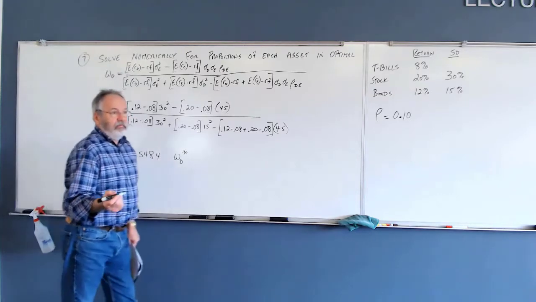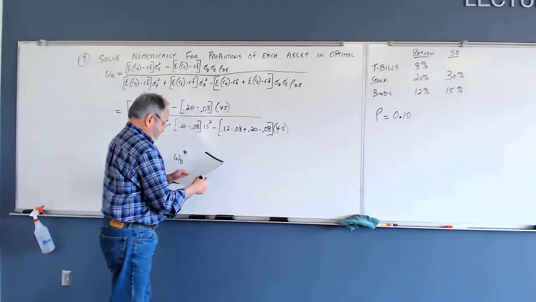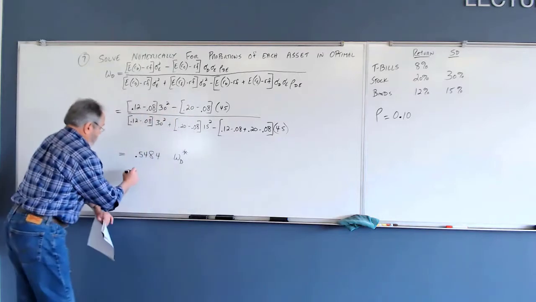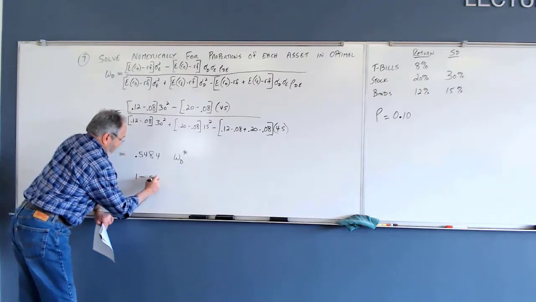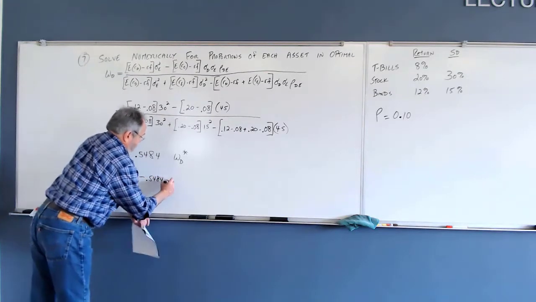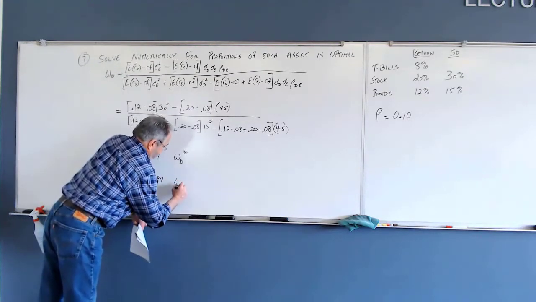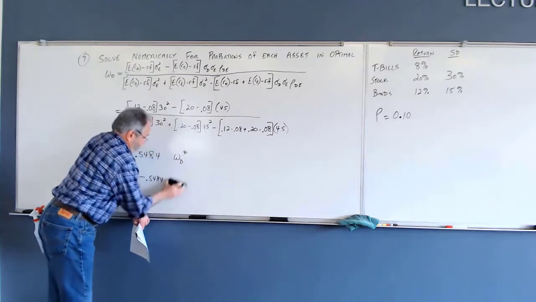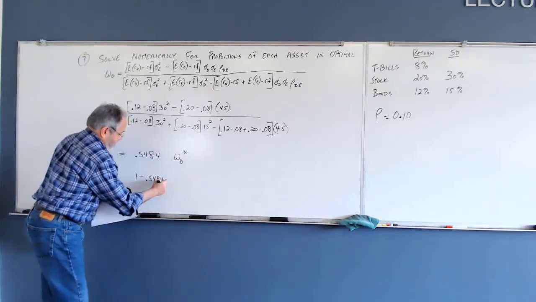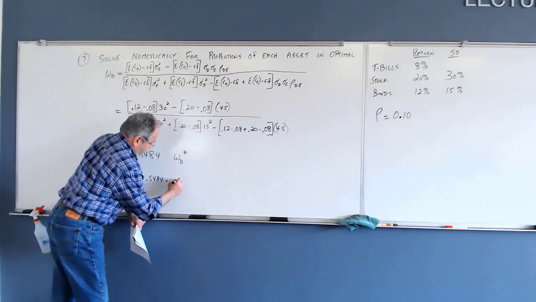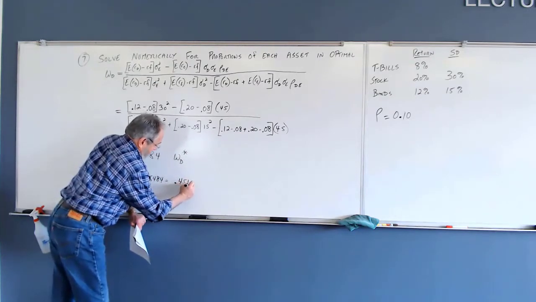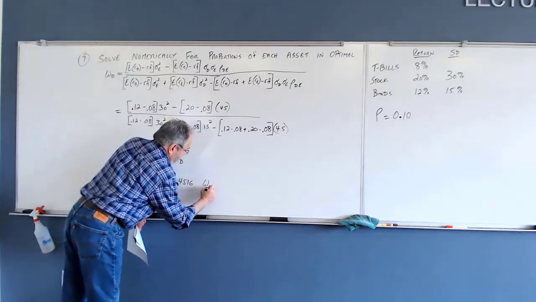Weight in equity is simply 1 minus the weight in debt. 1 minus 0.5484 weight equity. So let's see, what's this equal to? 0.4516. This is optimal weight equity.